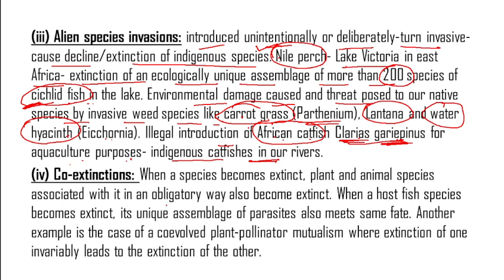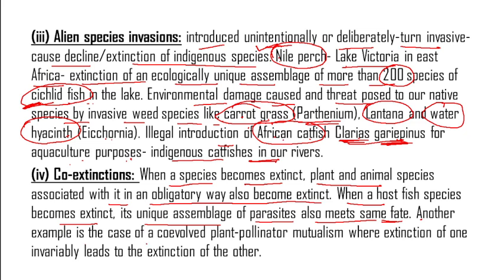Now, co-extinction means that when one species becomes extinct, the other species which is directly dependent on it for survival also becomes extinct. When a species becomes extinct, plant and animal species associated with it in an obligatory way also become extinct. When a host fish species becomes extinct, its unique assemblage of parasites also meets the same fate.